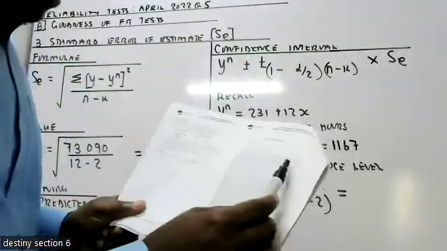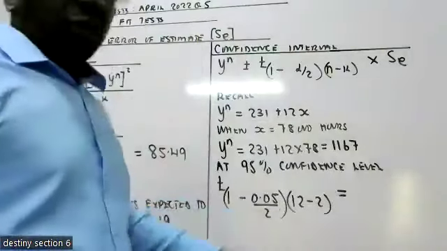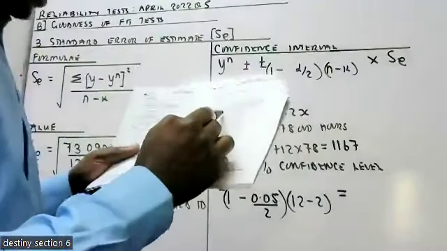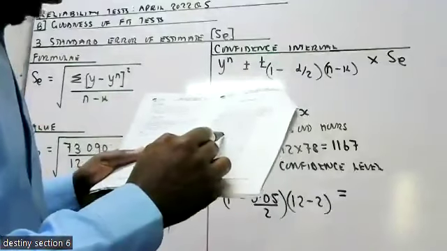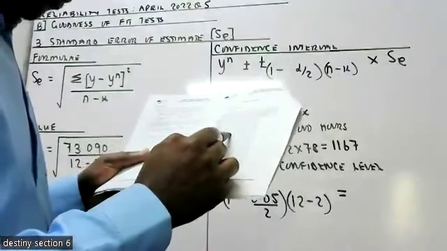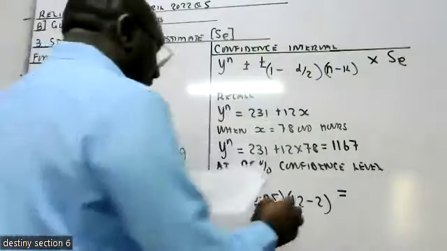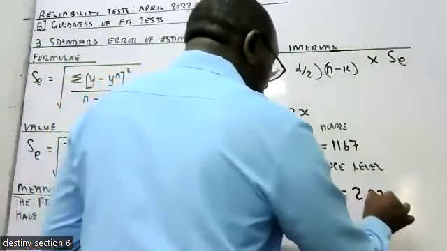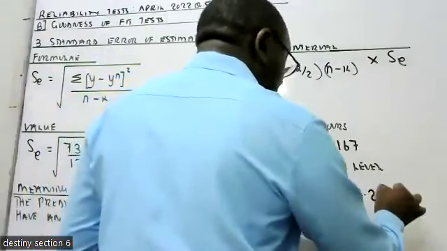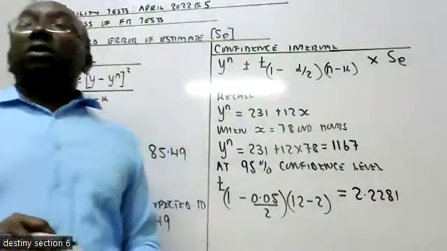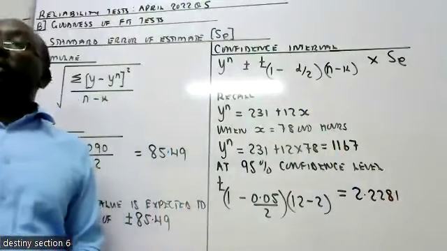You go to where we have 95, so you stop at 95%, and then go down to 10. When you do that, check whether you get 2.2281.